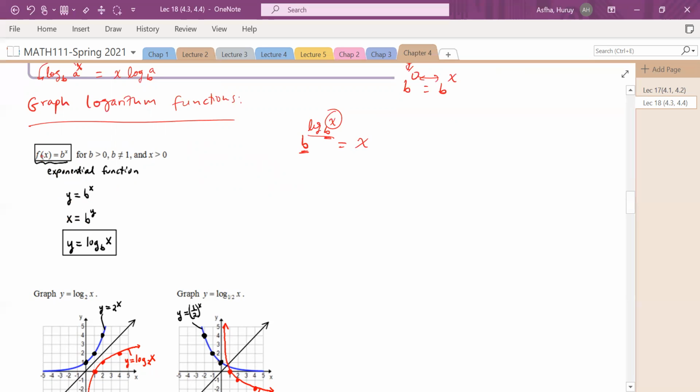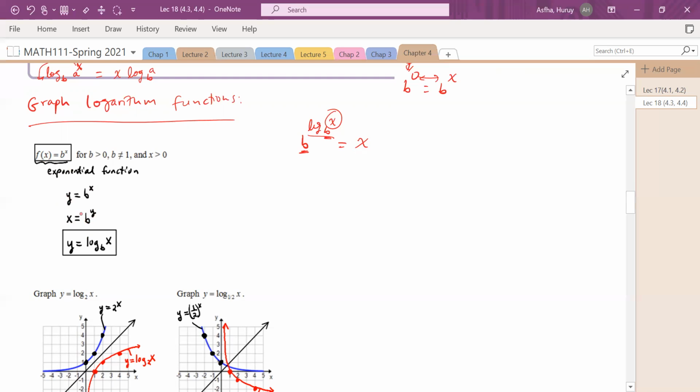If we have an exponential function given in this form, b to the power of x, where b is greater than 0 and b is different from 1, then using the same technique that we learned for finding an inverse function, we replace f of x by y, and switch x and y, which gives us x equals b to the power of y.